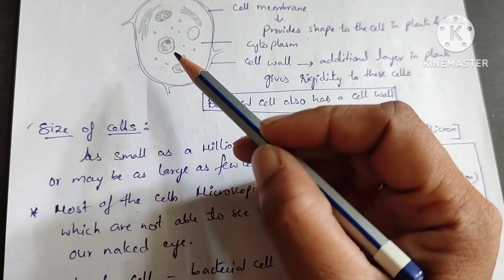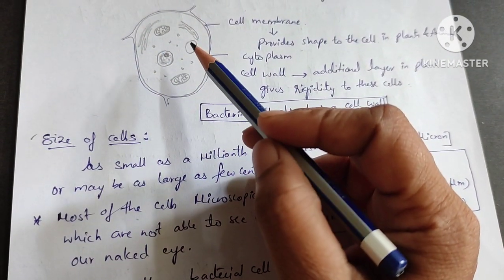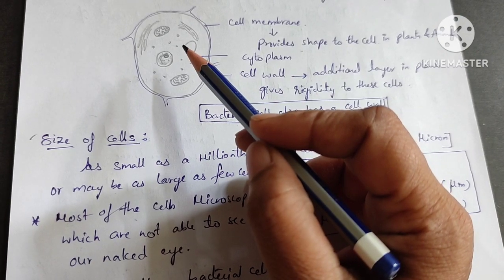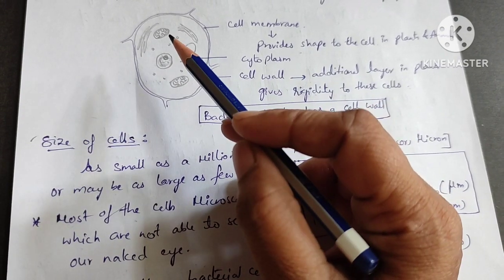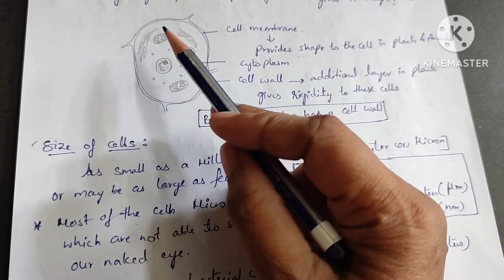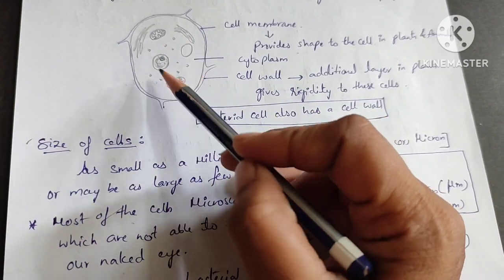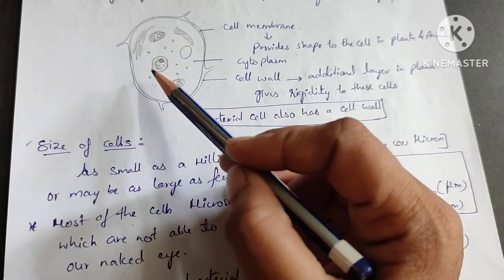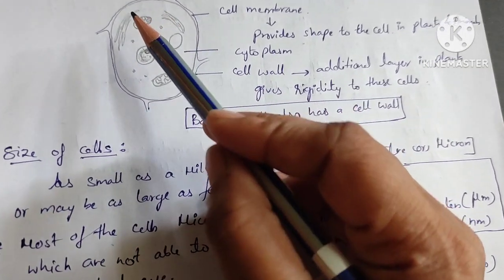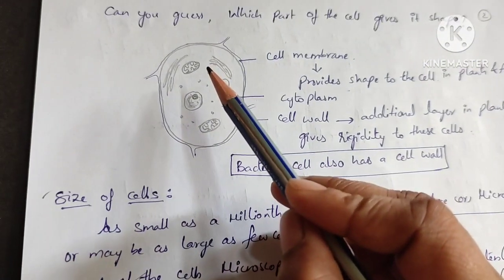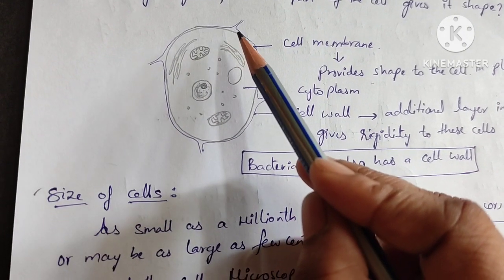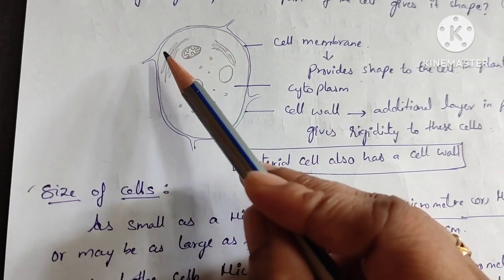Look here, this is the cell. The components of the cell are enclosed in a membrane. Here are the components. These are all cell organelles which are enclosed in a membrane. So look here, this is the membrane which is drawn with a pencil.